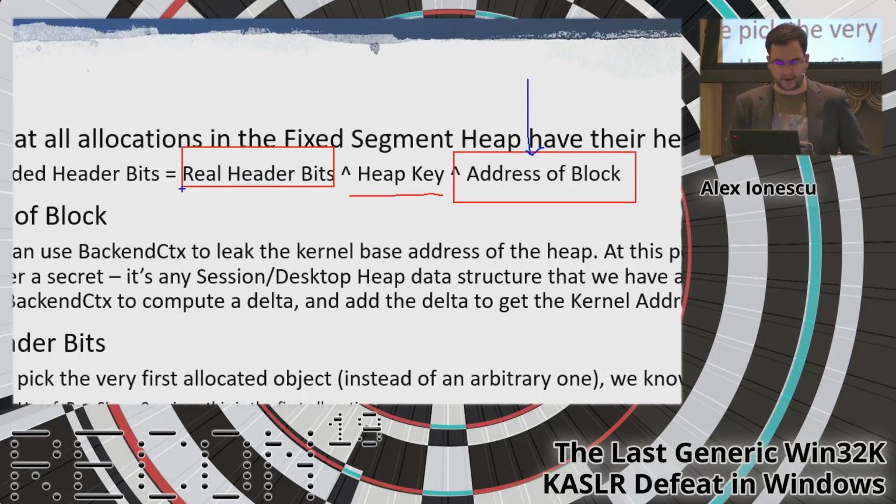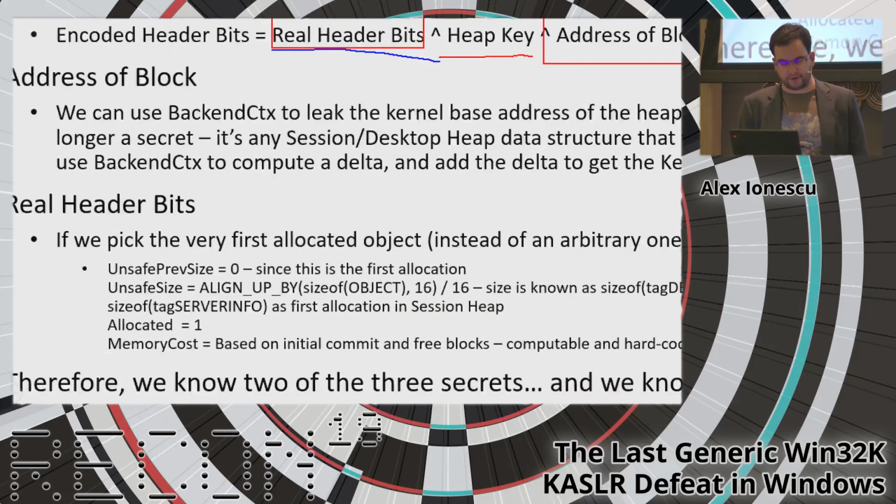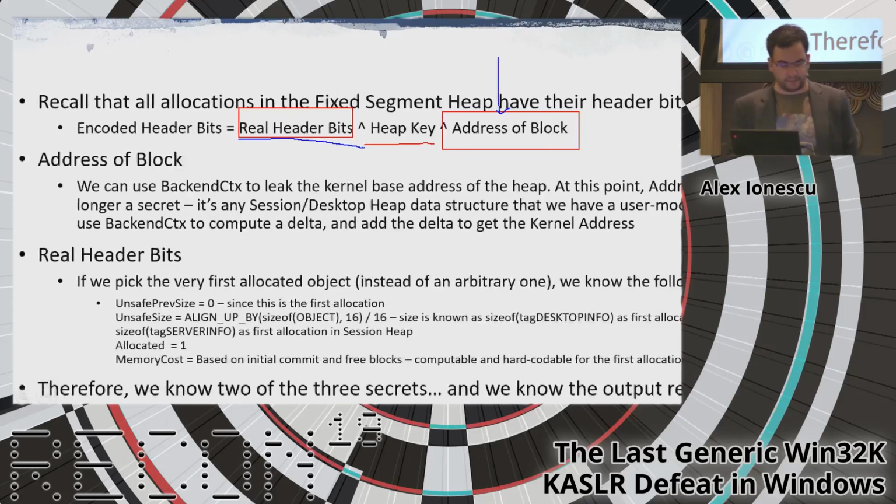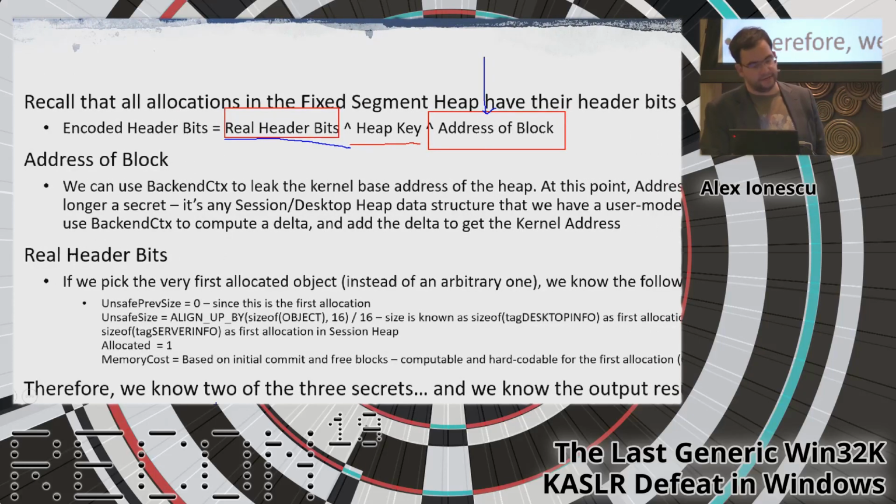The question is, though, how do I know the real header bits? Remember, we have the previous size, we have the size, we have the memory cost, and we have a bit that's called allocated. If you pick the first allocated object, you know that unsafe previous size is going to be 0, because it's the first object, so there's nothing before it. It's an allocation, so you know that allocated is 1.